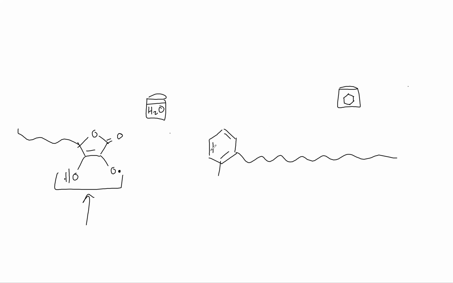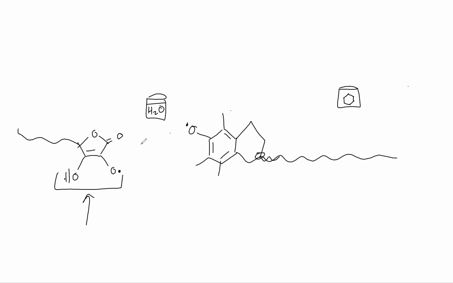We can see here, and again, I missed a ring right here. And this has an oxygen right here. But we can see that when we take away the hydrogen here and make this a radical right here, that's going to be stabilized by resonance once again.